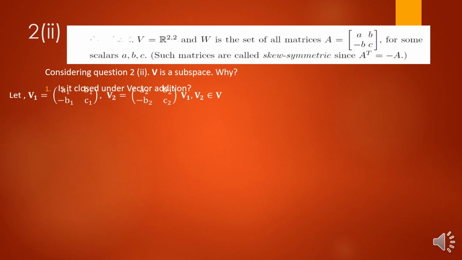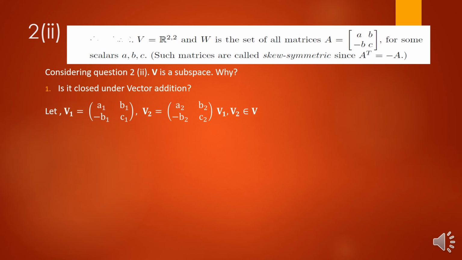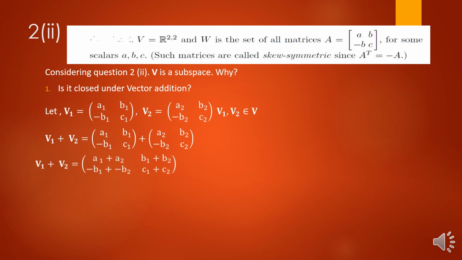Let us find out. If I consider V1 to be a skew-symmetric matrix, and V2 to also be of the form A2, B2, negative B2, C2, we're going to realize V1 and V2 are members of V. If I try to do vector addition, this is what I'm going to get: A1 plus A2, then B1 plus B2, negative B1 plus negative B2, C1 plus C2.